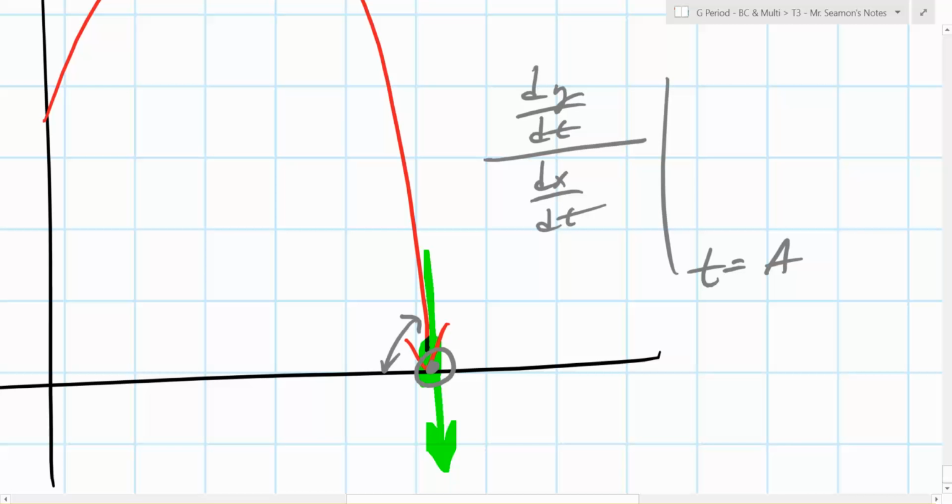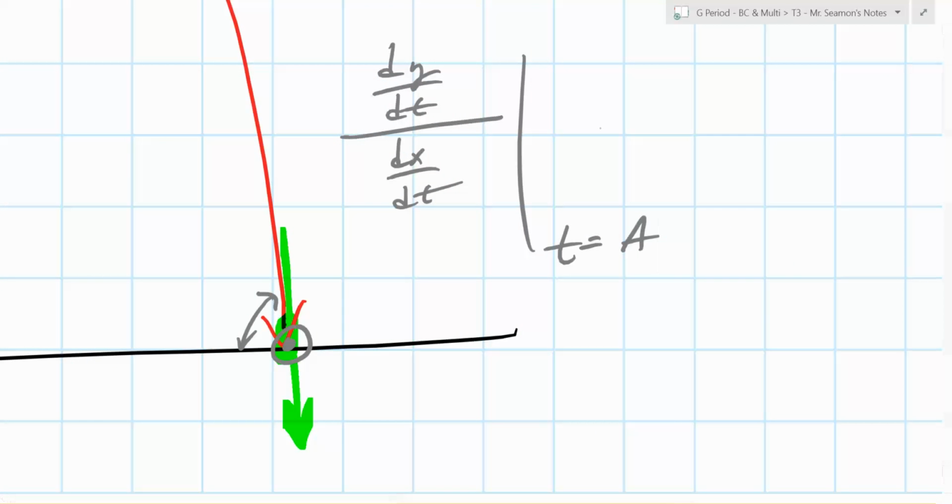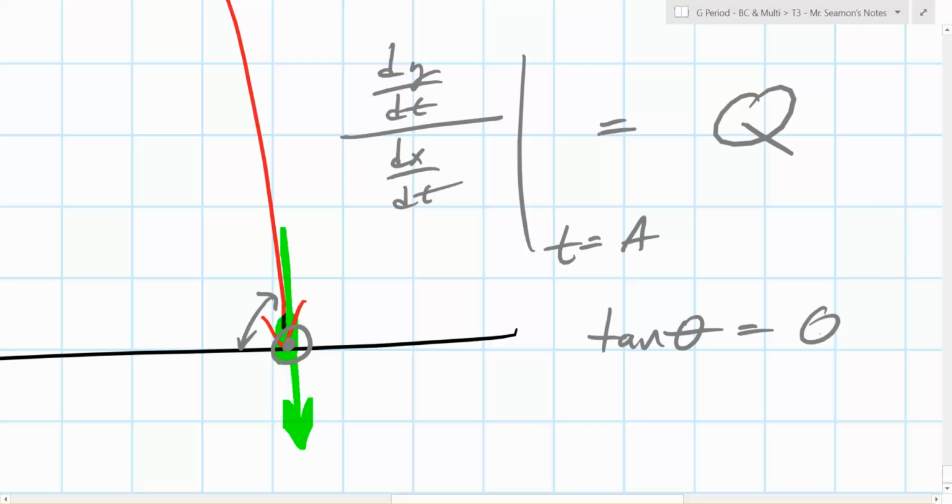So that gives you the slope of that line. And then how do you find the theta value? So this is going to equal some, let's say, q. So then what do you do once you have that slope? Tangent theta is equal to q. So theta is equal to tan inverse of q. Make sense?